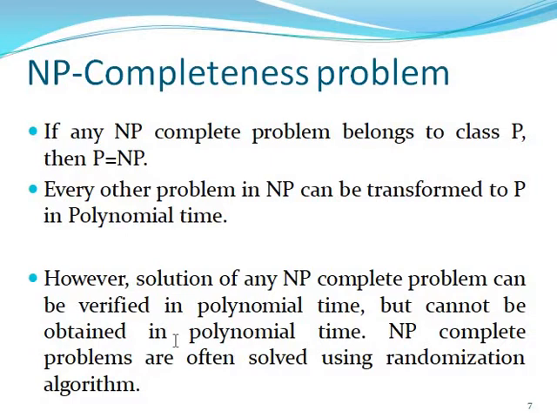So we can say that NP complete problems can be verified in polynomial time, but it is not sure that they can be solved in polynomial time. NP complete problems are often solved with randomization algorithms. So this is the NP completeness problem.